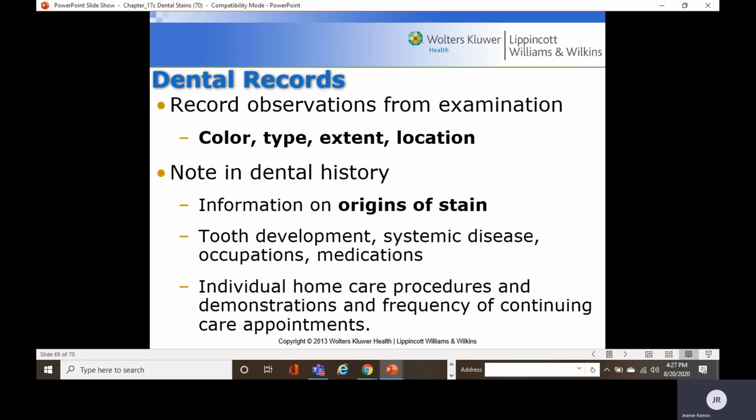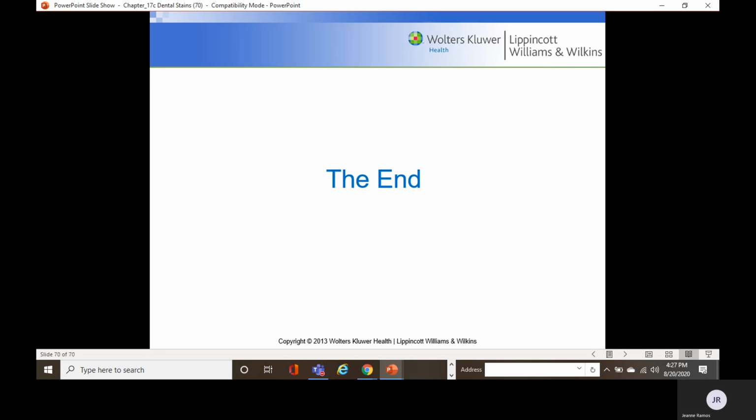We just have to be investigators, sleuths trying to find out where these things are coming from, mainly because we are trying to rule out cancer. So we're trying to find out what else would be the origin of some of these lesions and issues. Individual home care procedures, demonstration, and frequency of continuing care appointments can help. And that would be the end of this session.